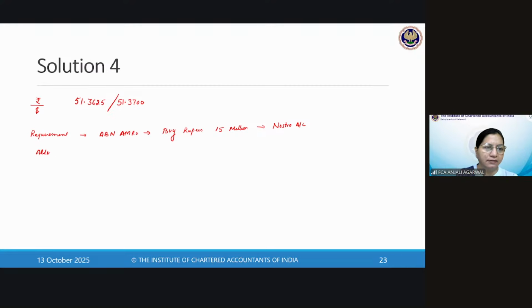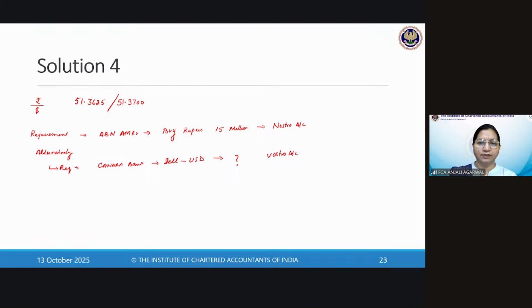Alternatively, we can say the requirement is also for Canara Bank to get the account amount in their bank in rupee. So to buy rupee means sell US dollar. Right? For Canara Bank, it is Vostro account.